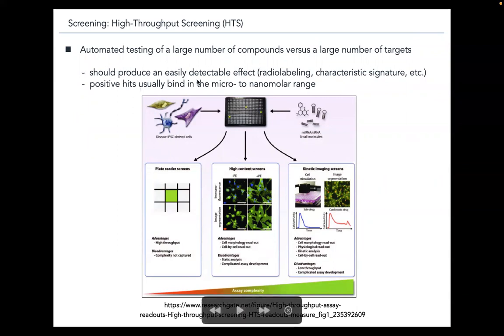It should produce an easily detectable effect. So radio labeling is huge, characteristic signatures, etc. Positive hits usually bind in the micro to nanomolar range. So I think it's really important to note not only that you need binding to the target, and it needs to be effective, but the dosage of the compound that you add can't be remarkably high.